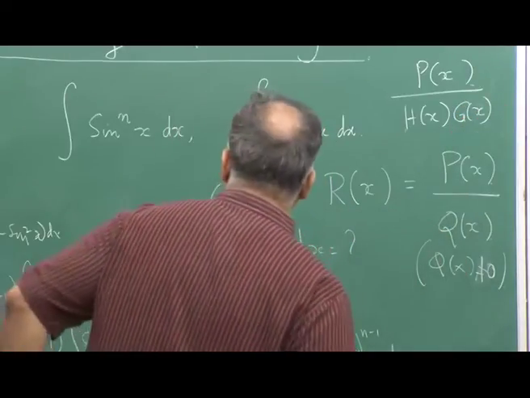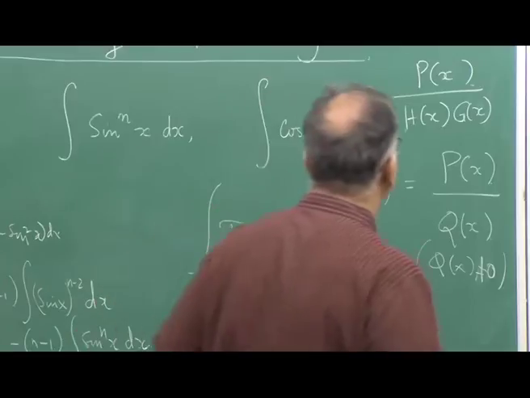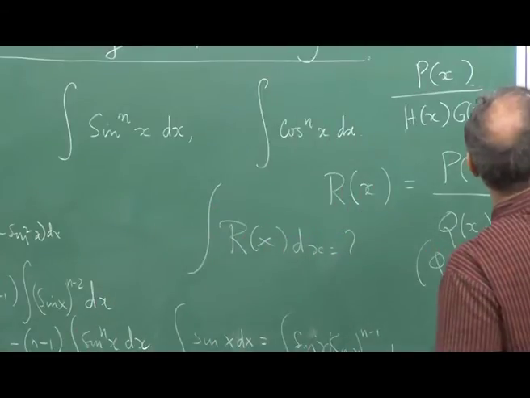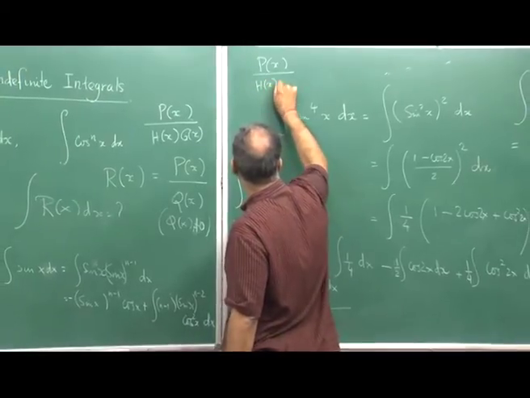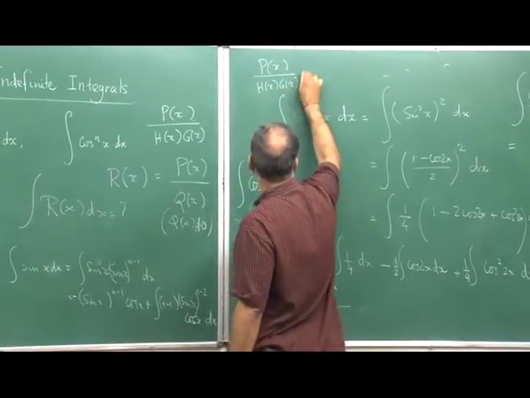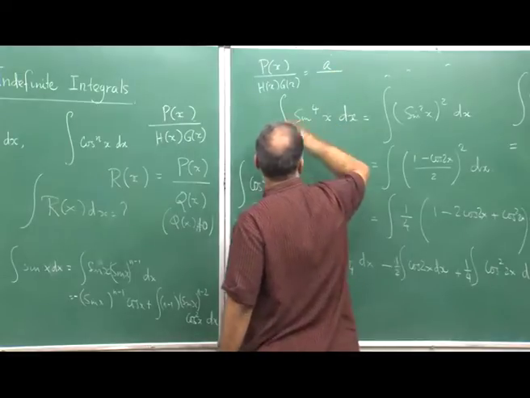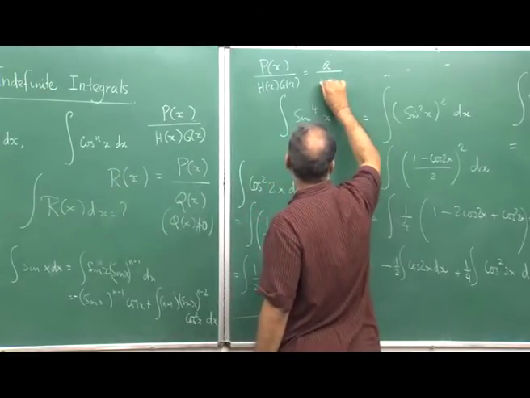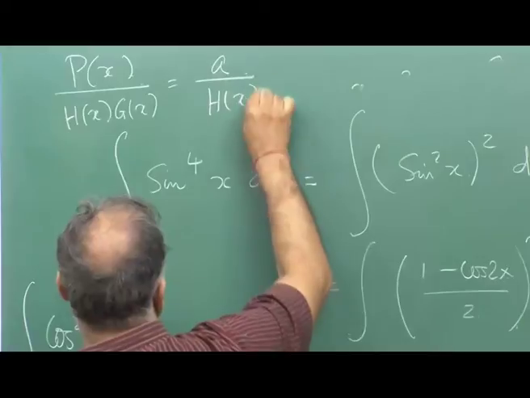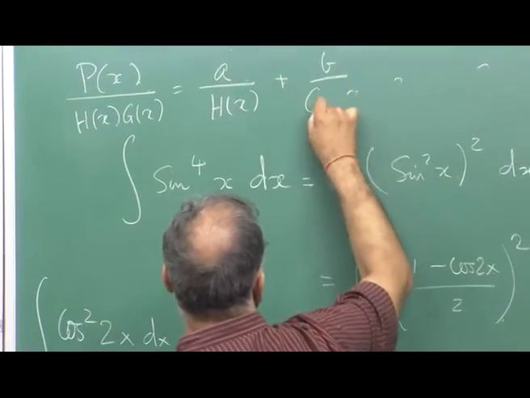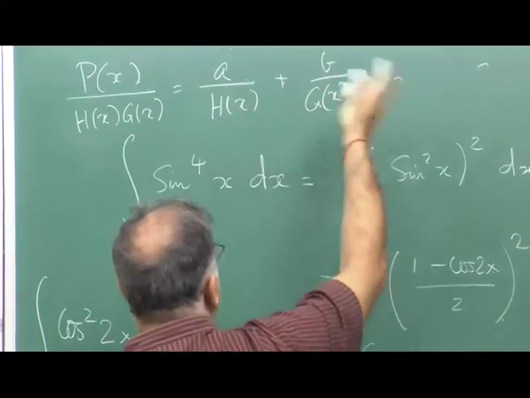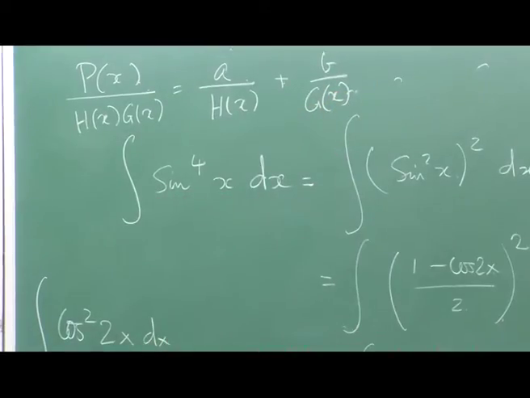So, you now want to do a very simple calculation. Now, you want to write p x over h x g x as a of x over h x plus b of x over g x, and you want to figure out what these a and b are.